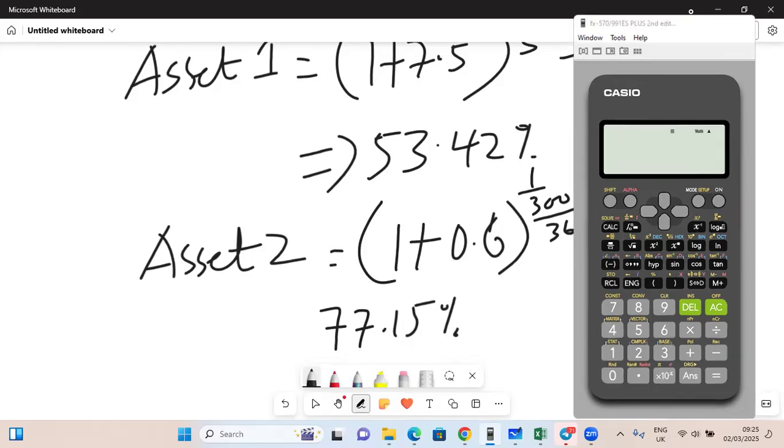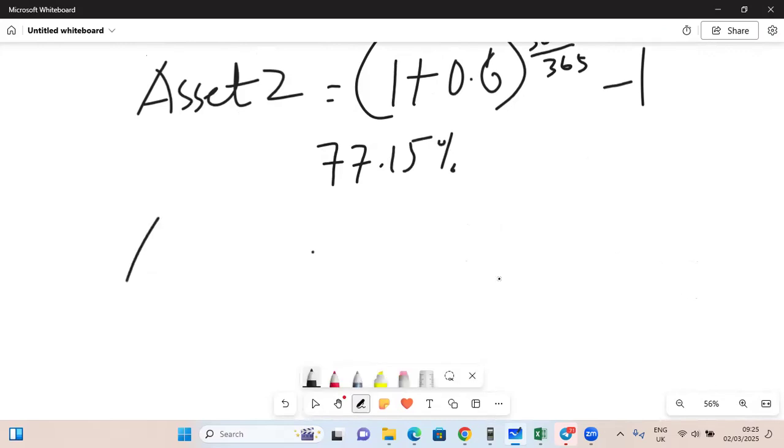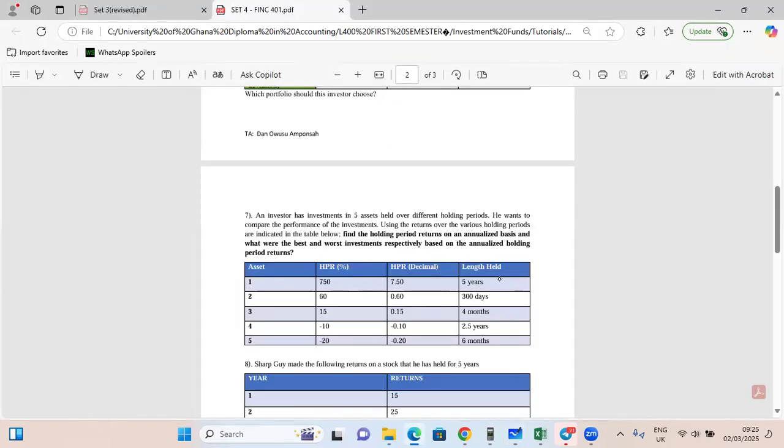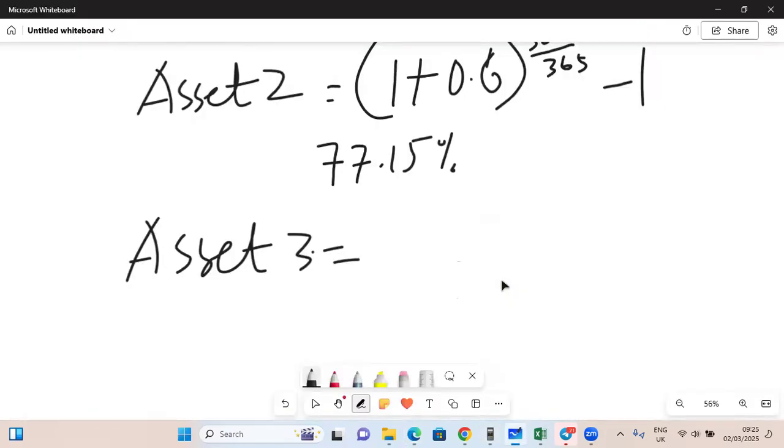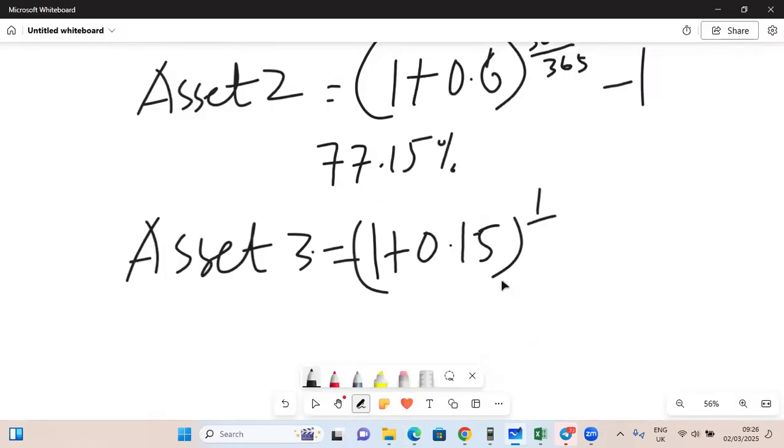So the third one, sure you can try them. Let's do it. Answer 3 is 1 plus 0.15 raised to the power 1 over 4 months. So it's going to be 4 over 12, which can also be 12 over 4.